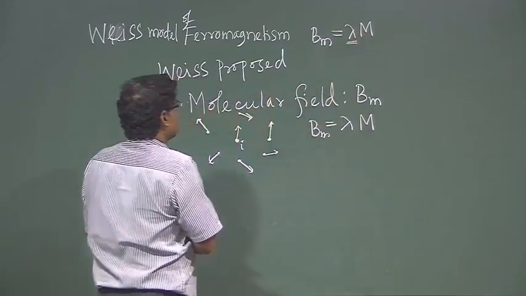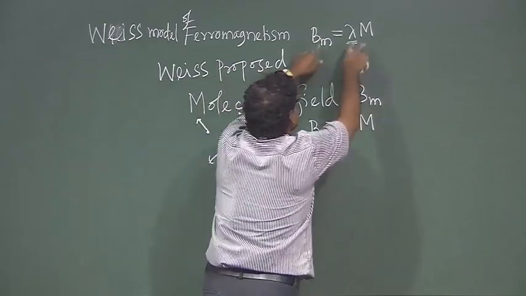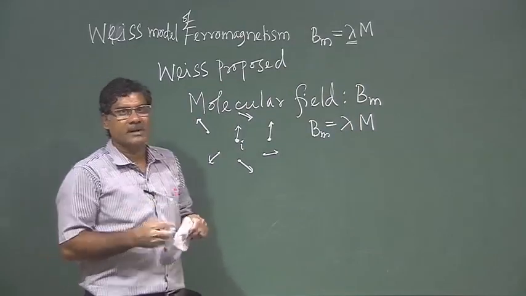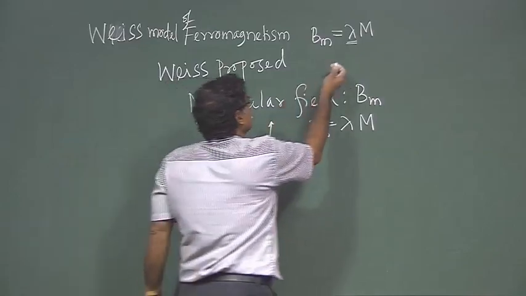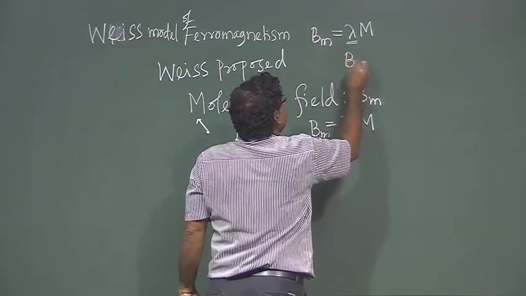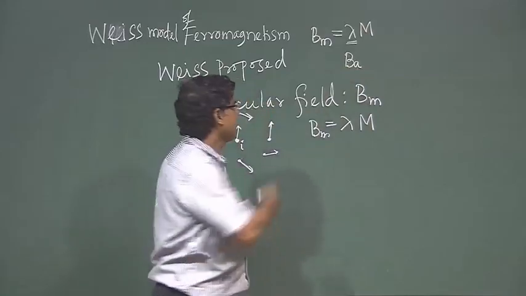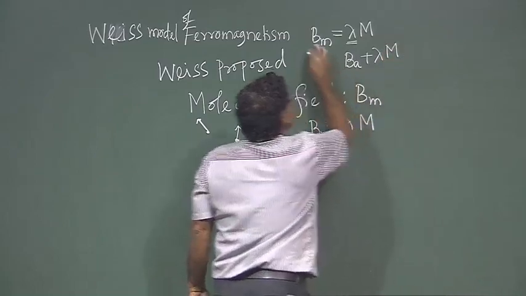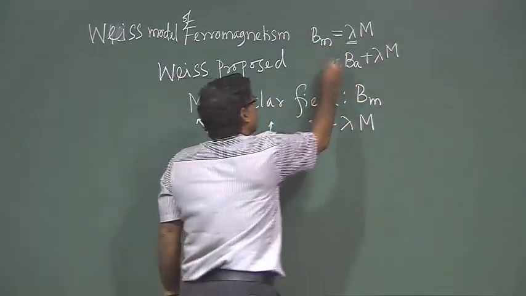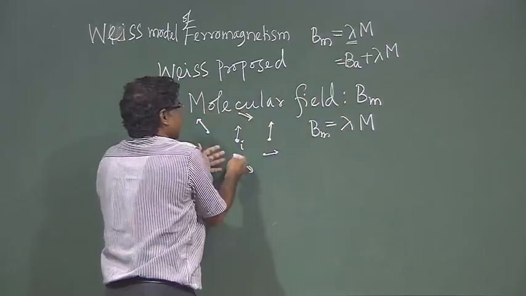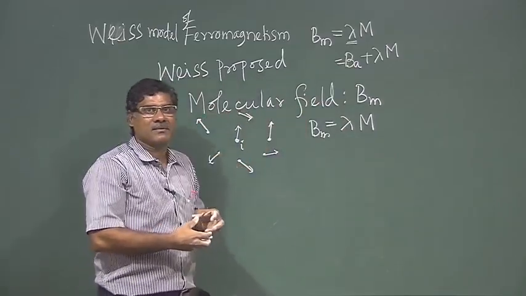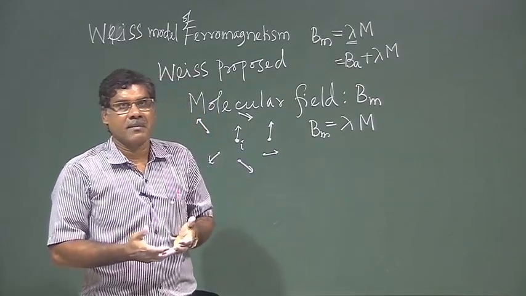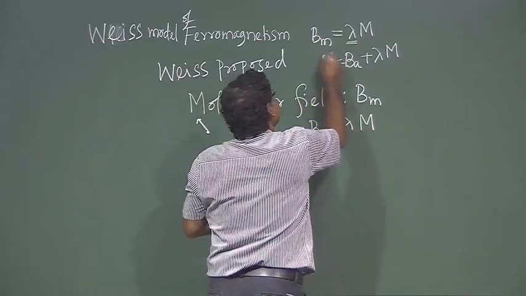Okay. So, now what happens? This field already exists in the system. Now, if I apply an external field, the applied field B A, and the already existing field lambda M, this Bm. Okay. So, now we can consider these non-interacting moments like a paramagnetic gas, which feel this amount of magnetic field.